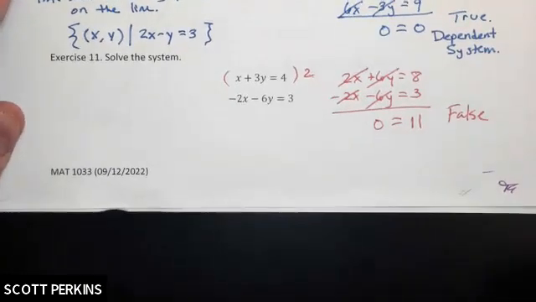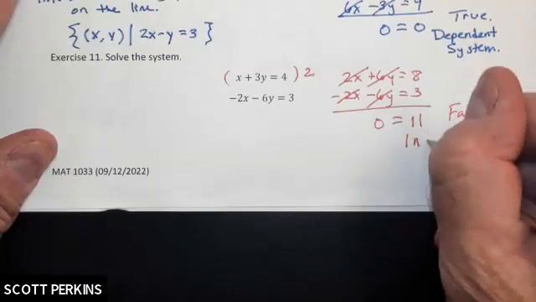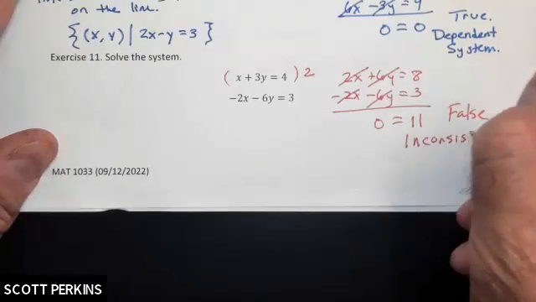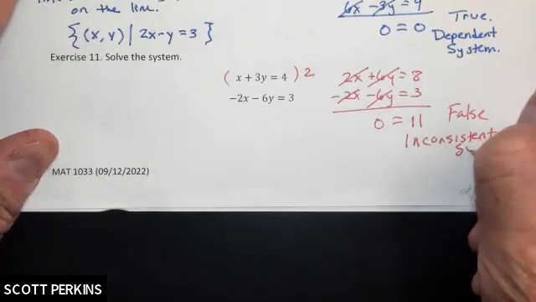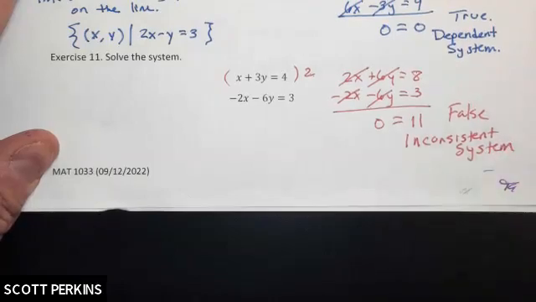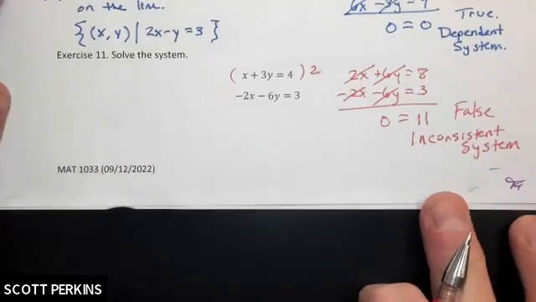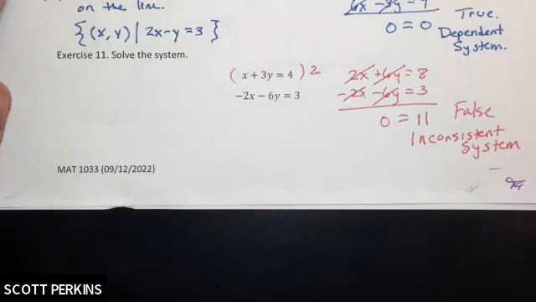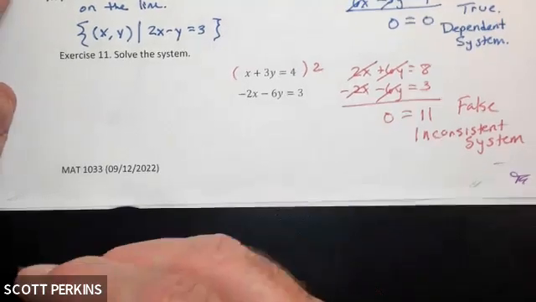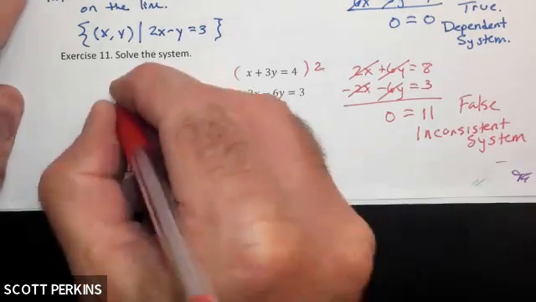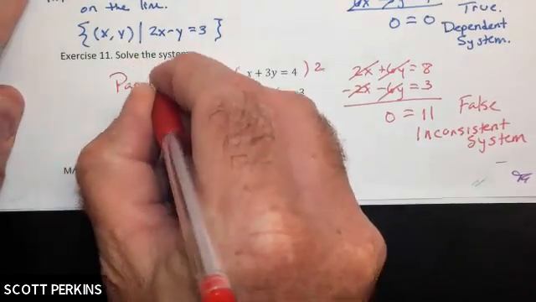And what you have here is called an inconsistent system. And what's physically happening in an inconsistent system is you have parallel lines.